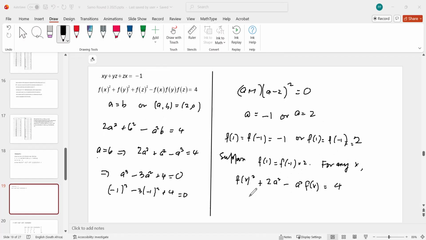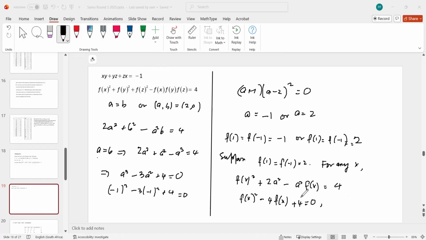So you have f of x all squared, a equals 2. So you got 4, 8. Yeah. So you have minus 4 f of x. A is equal to 2. And then 2 squared is 4. 4 2 is 8. 8 minus 4 is this.